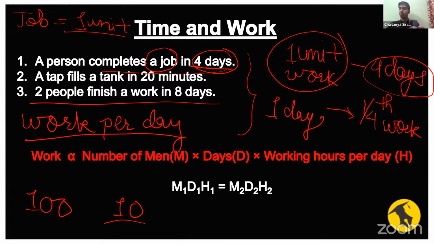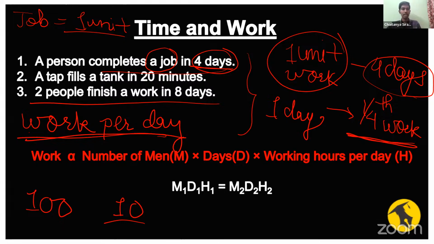So, who is better? The first one, of course. So, when you will be solving sums, we will always be interested to find work done in one day, or work per day. We can also call it the efficiency of a person.